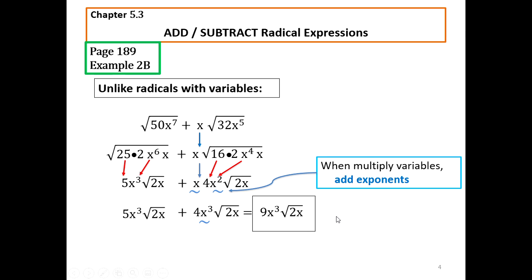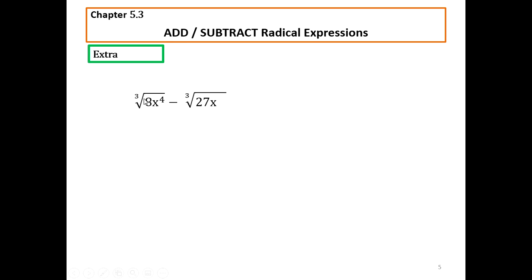Let's go on to the next. All right, let's see. We've got the same index now, but certainly not the same radicand. So let's see if we can simplify these. Cube root of 8 is 2, which goes out. 3 doesn't go into 4, so we have to bring 1 down. 3 and 1 make 4.